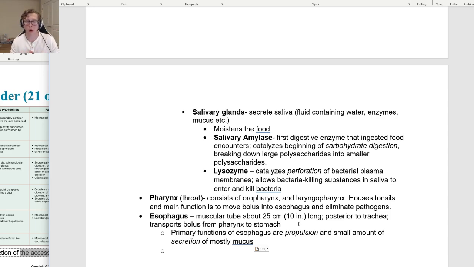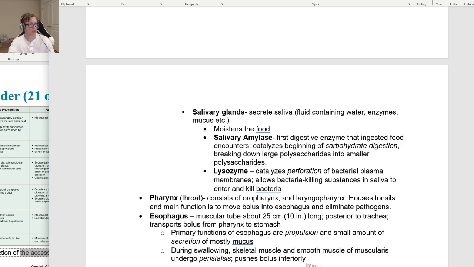But mainly it's propulsion. You are moving the food down. During swallowing, skeletal muscle and smooth muscle undergo peristalsis, which means that it's going to be pushing the bolus down. You're going to see the word peristalsis come up a lot, and it is essentially just the movement of squeezing and going down.